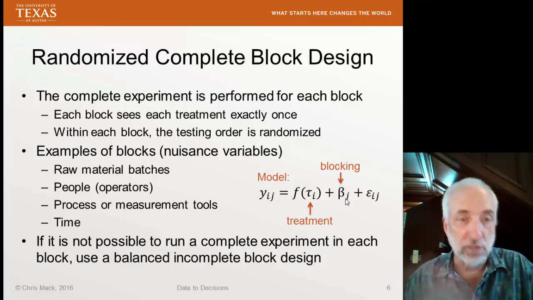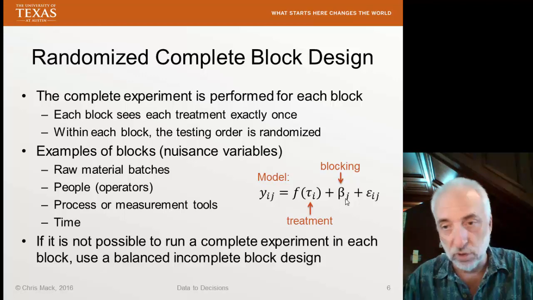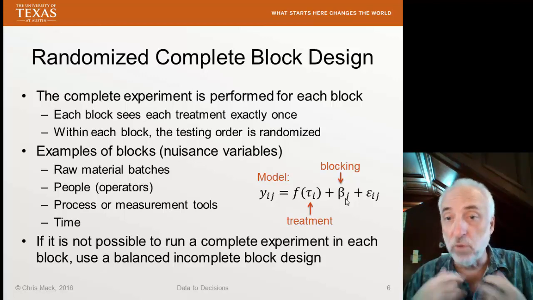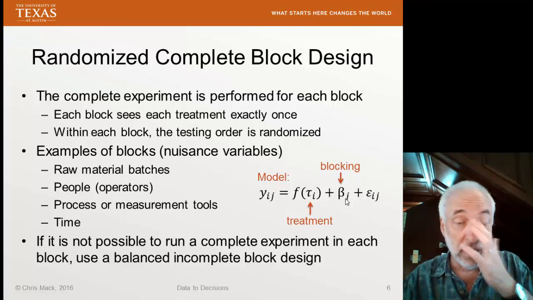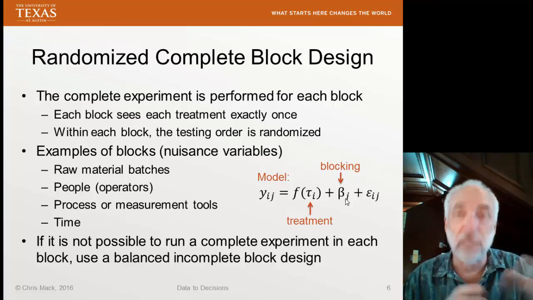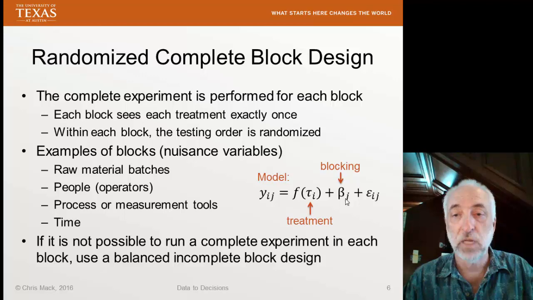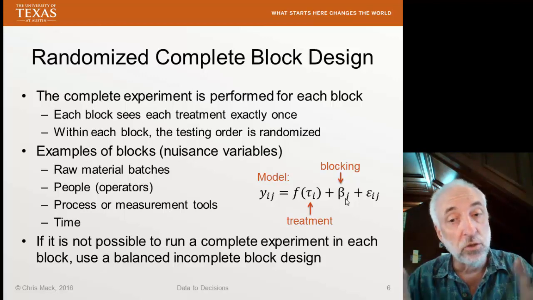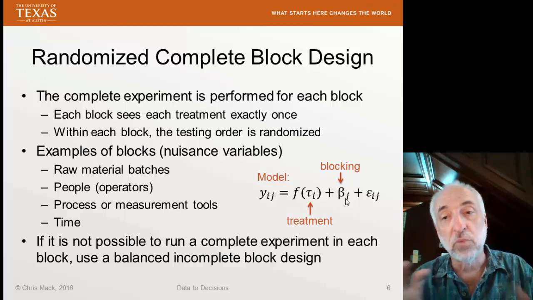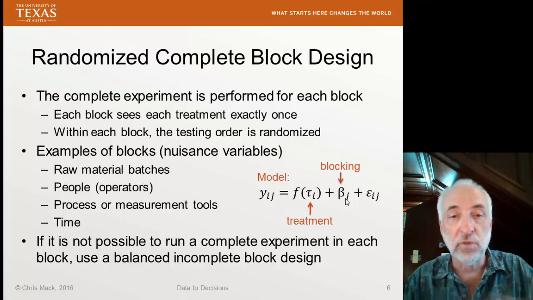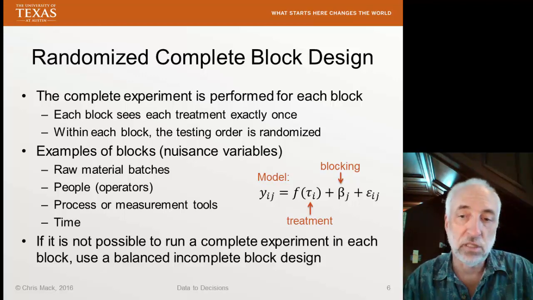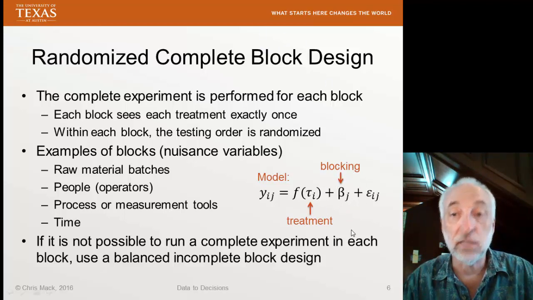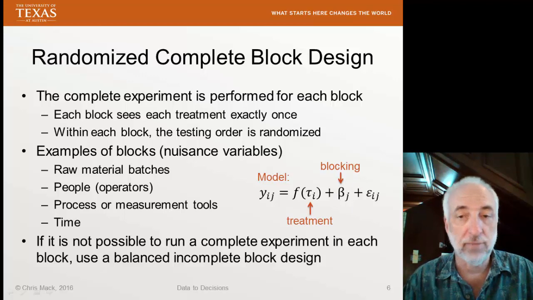Different batches of raw materials, different operators, different process tools, etc. And we'll put it in like a covariate analysis. The difference is, because we're doing randomized complete block designs, it helps to separate the blocking effect, the nuisance variable, from the variables that we're interested in. And we get a better statistical assessment of what this blocking factor might be.